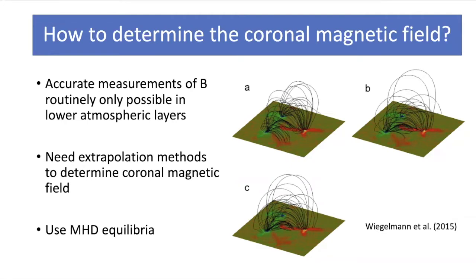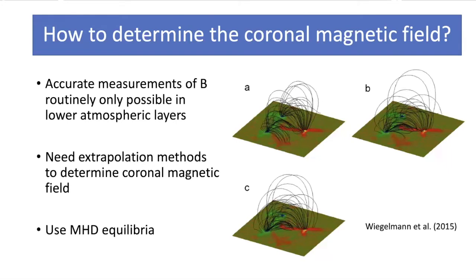And just as an example of such a method, I've shown on the right-hand side a figure from a paper by Thomas Wiegelmann et al., where one of the et al.'s is myself, where we compare 3 different extrapolation methods.